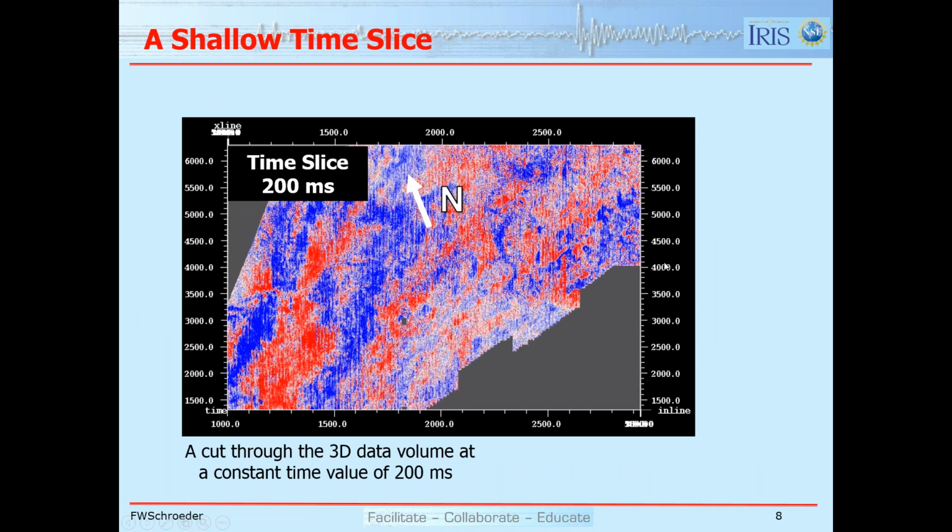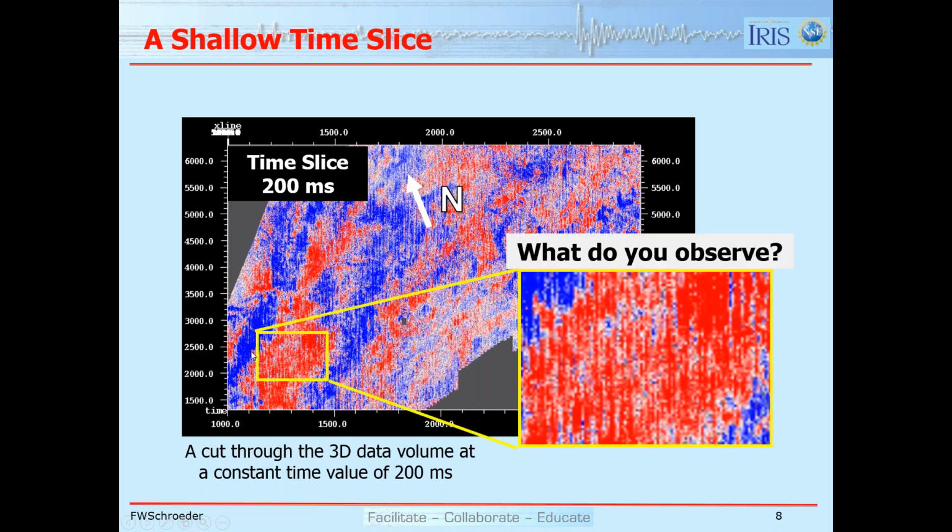This is a time slice, so this is cutting the 3D volume at 200 milliseconds of two-way travel time. Again, the north is skewed a little bit, but if we blow up this area here, you can see some lineations running north-south, and those are the acquisition artifacts that I mentioned previously.